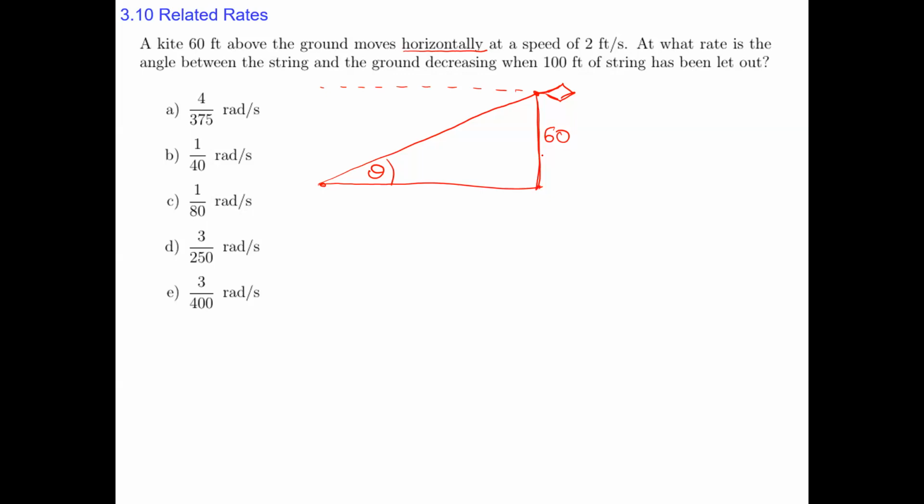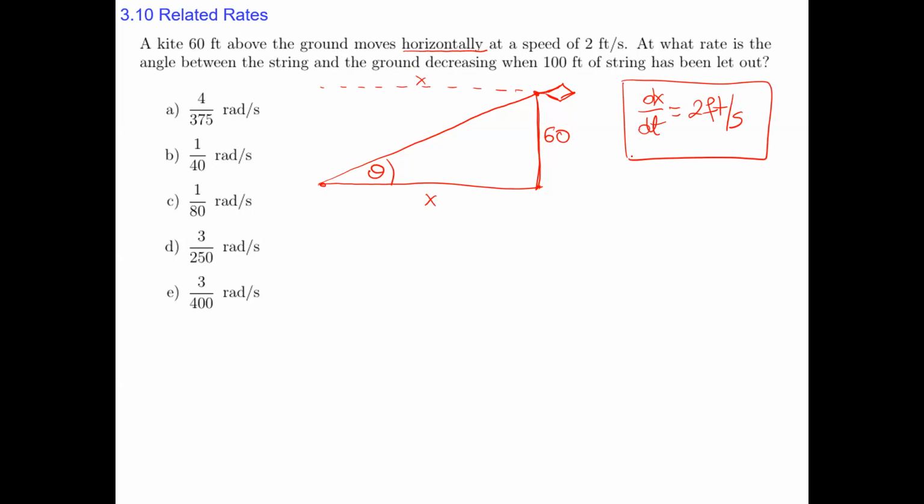Yes, I can make the projection on the ground. That means this distance x is the same as this one, starting from here. It means that x is changing because this is the speed of the kite, 2 feet per second.